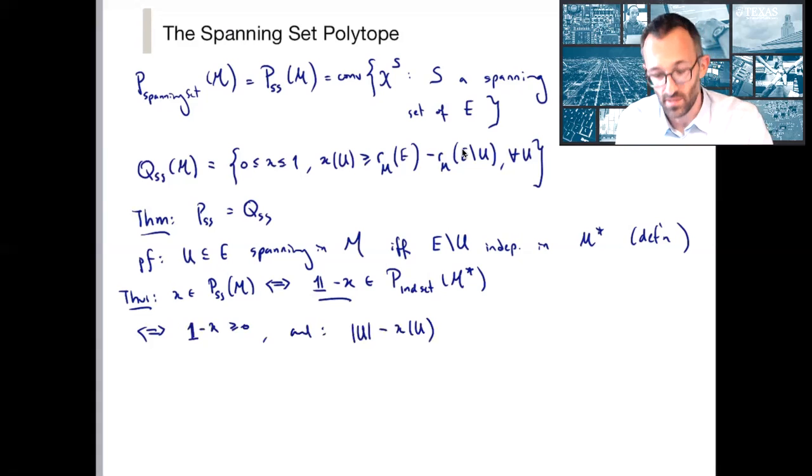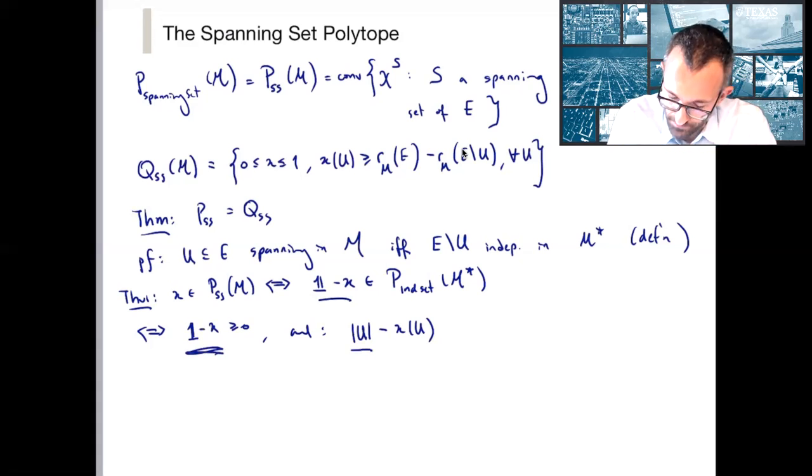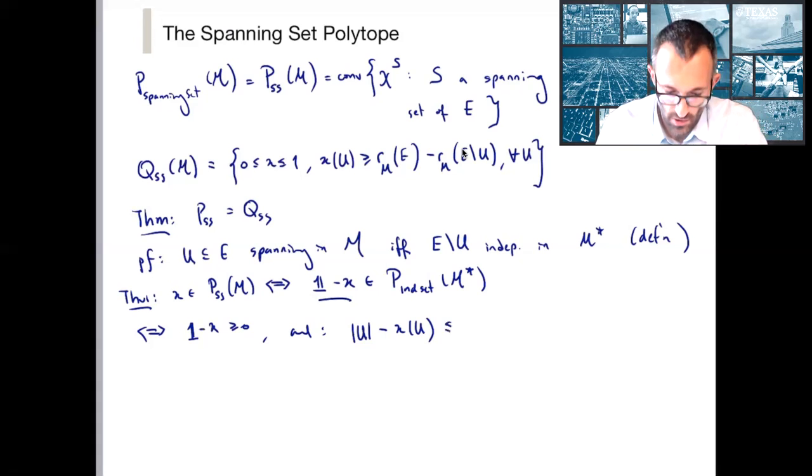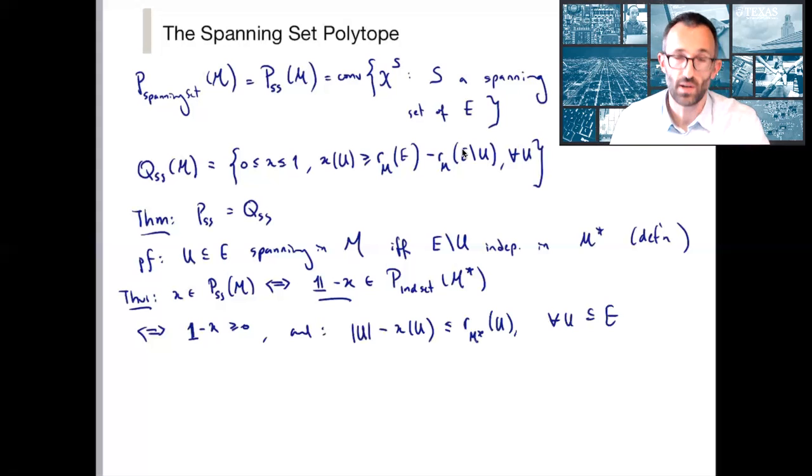This is basically the sum of this vector over all the elements of a subset U. And so I'm going to pick up cardinality of U minus x of U. Okay, so this has to be less than or equal to, by definition of those constraints, r of M star of U for every U subset of the ground set.